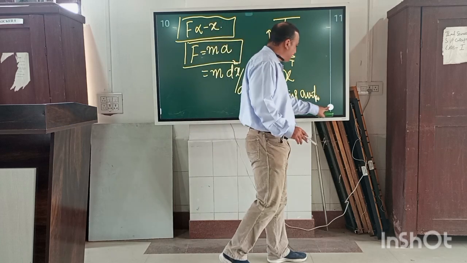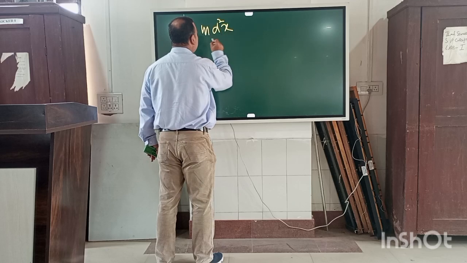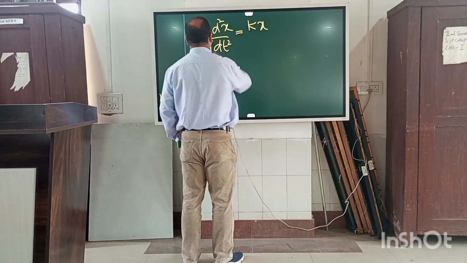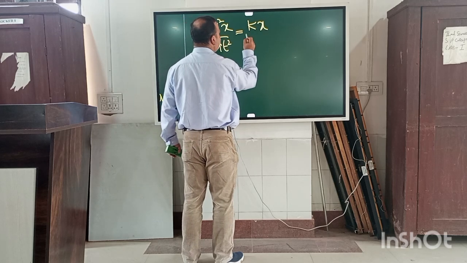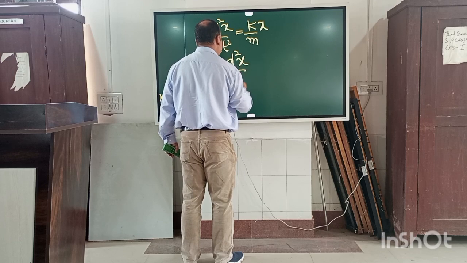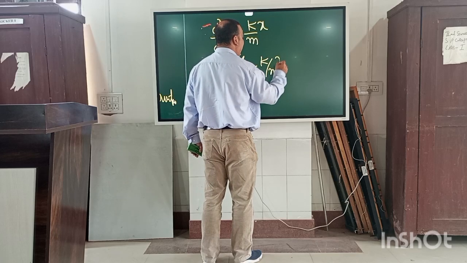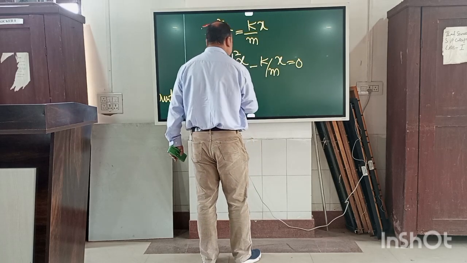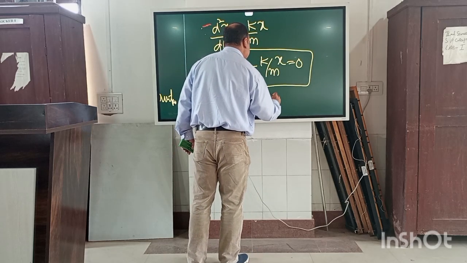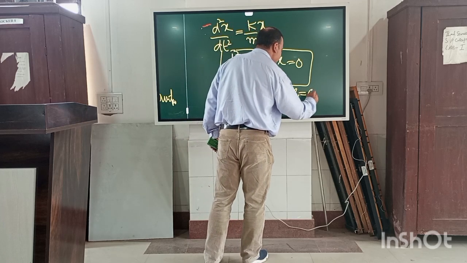So I can write this differential equation as m d2x by dt2 is kx. So I can take this m to the other side and write a second order differential equation: d2x by dt2 minus k by m x equals 0. And I can write this d2x by dt2 as minus omega squared x is equal to 0.